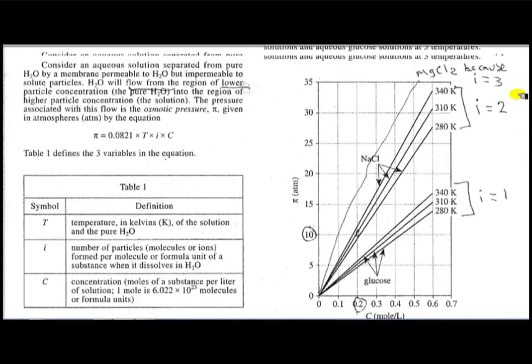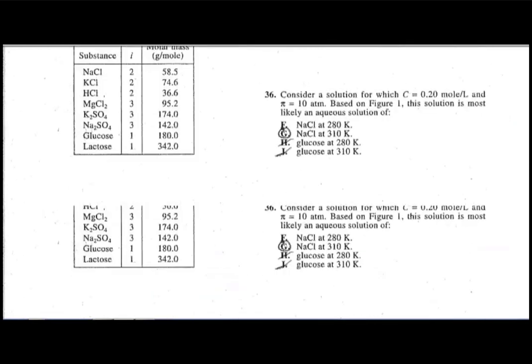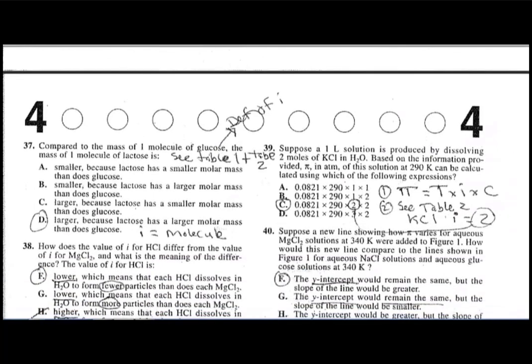They give you pi here as being pi equals 0.0821 times T times i times C. So when you come over here and look at the answers, you know that our answer here is not dependent upon 0.0821 because they all have that same thing. It's not dependent on the temperature because they give you the temperature of 290.